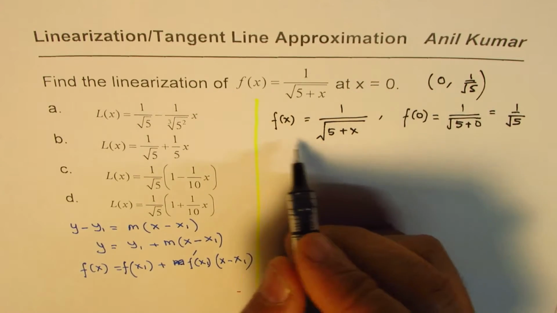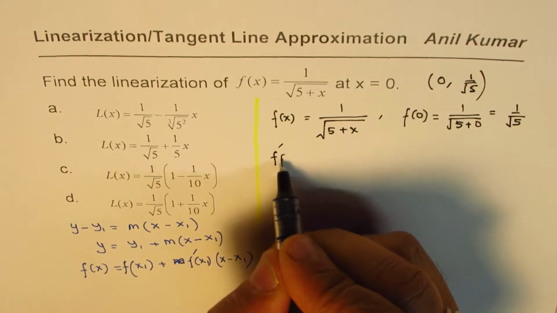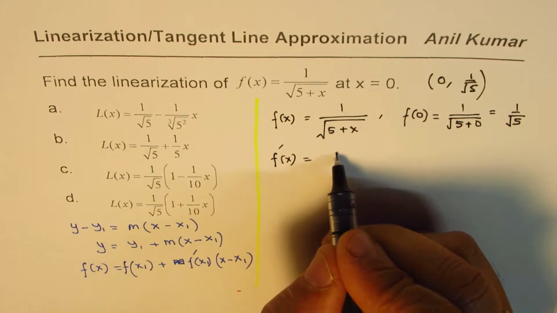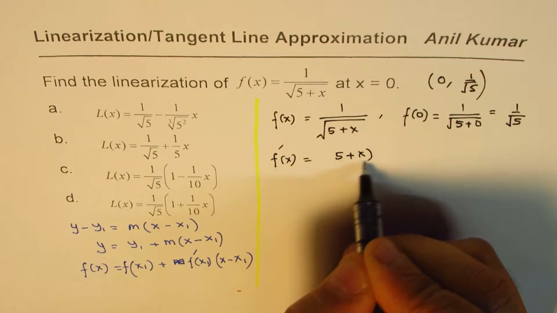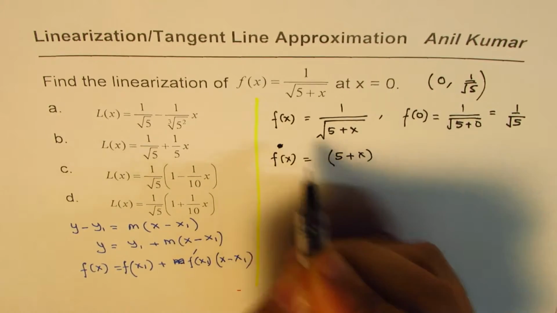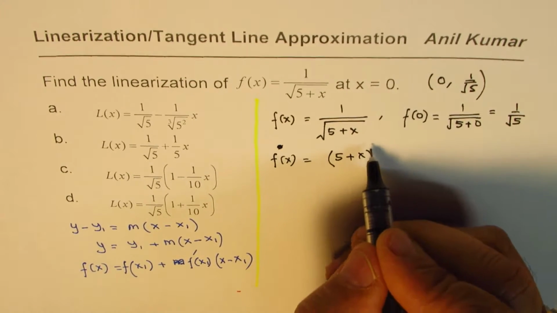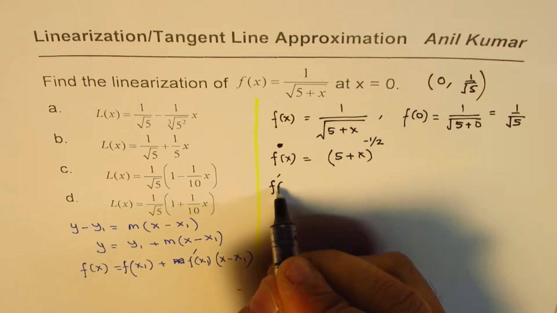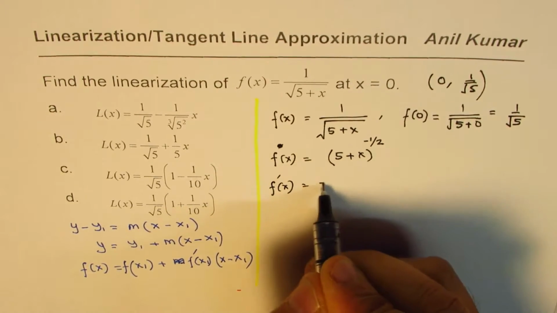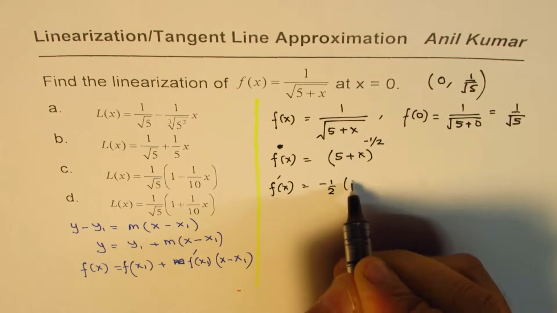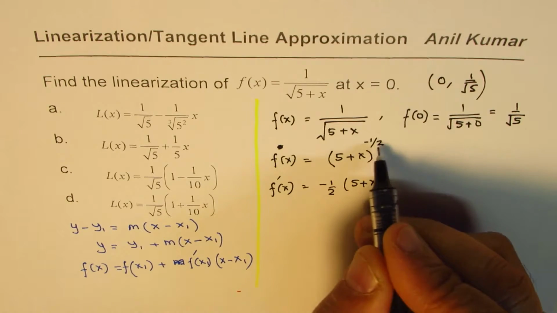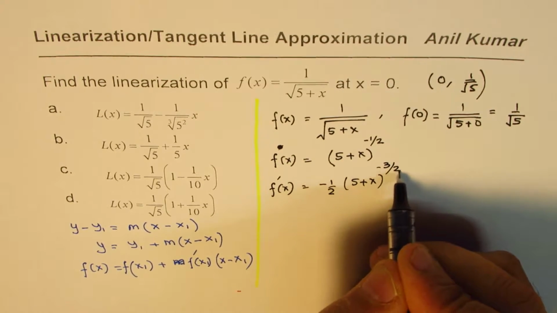Now we need to find the equation of the tangent line, so we'll find its derivative. We could write the function in exponential form as 5 plus x to the power of minus half, that helps. Then the derivative is minus half times 5 plus x to the power of minus half minus 1, that gives us minus 3 by 2.